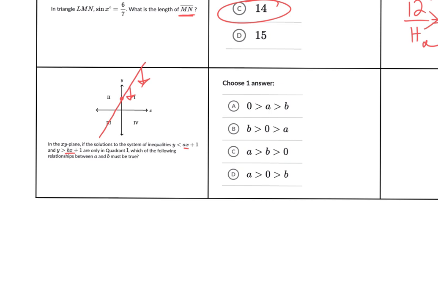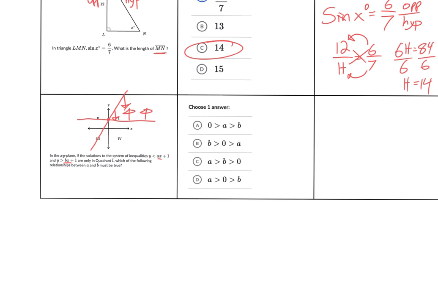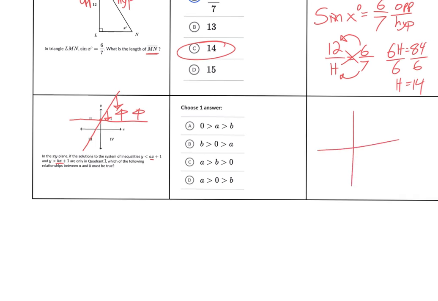Now, this would be true for any graph where the second one has a negative slope. So we're just going to have to reason this out. If we have a 0 slope, that would seem to work. But what about the case where this is our first one and that's our second one?